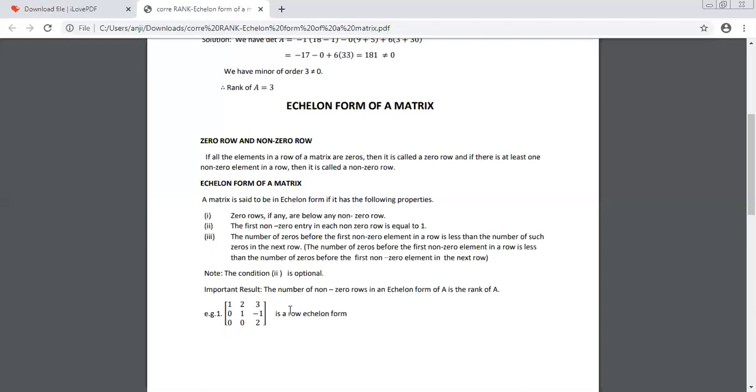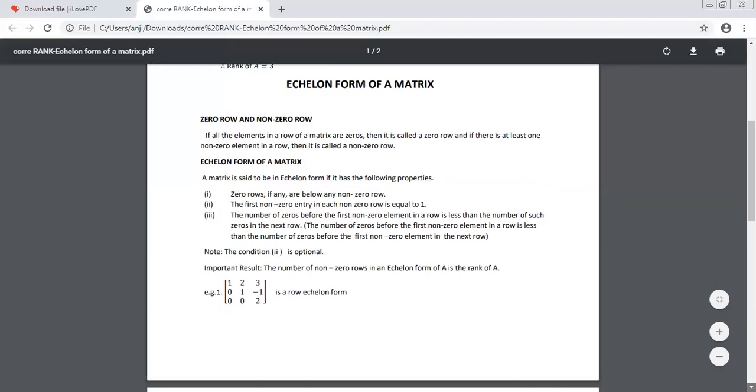That means condition 3 is satisfied, so this matrix is in echelon form. One important result: the number of non-zero rows in the echelon form of A is the rank of the matrix. In this example, how many non-zero rows are there? 3 non-zero rows. Therefore, the rank of this matrix is 3.